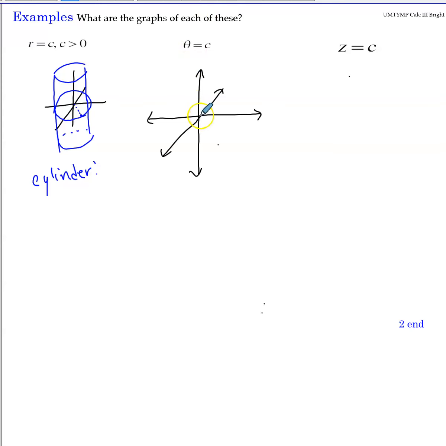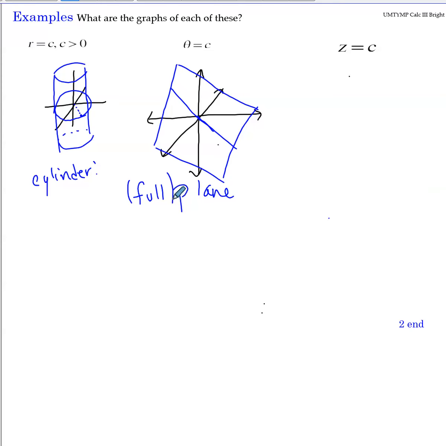We don't really have a restriction, so we've rotated and it's anywhere along this line, and we just extend it up and down, up and down, and so we get a plane. Something like that. So this one's going to be a plane, and more specifically, a full plane. We use full just because it's appearing in all 4 octants that it could.